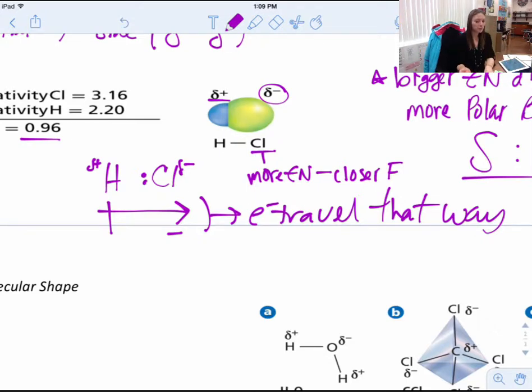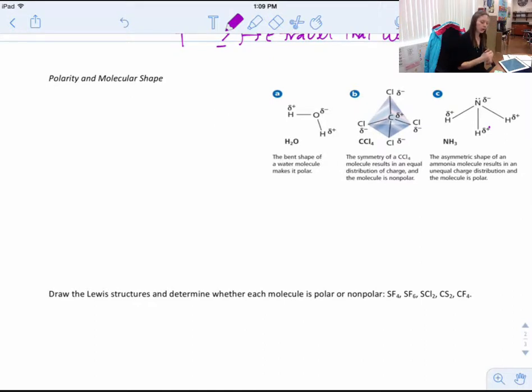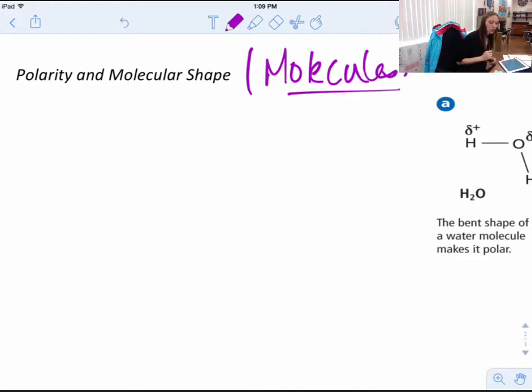This whole front page is all dealing with the bonds. If you flip your notes over, now we're going to look at our actual molecules. So if we do polarity and molecular shape, we're now going to look at the molecules, no longer just the bonds.